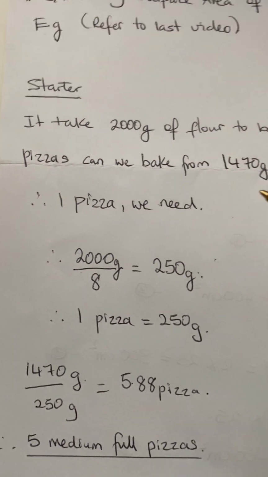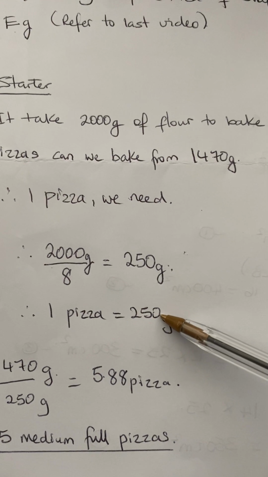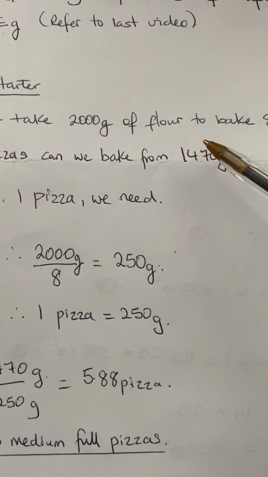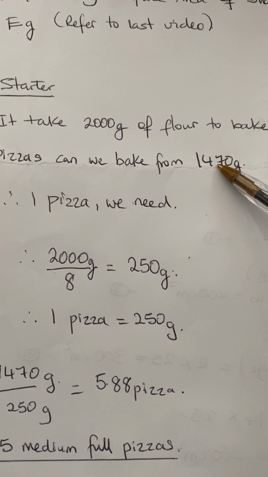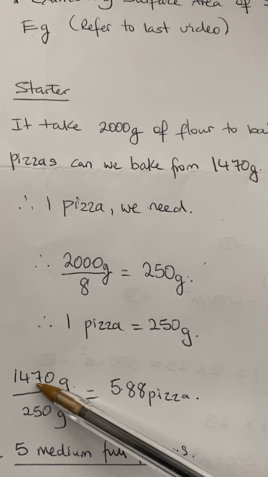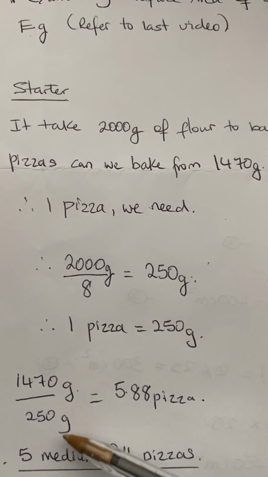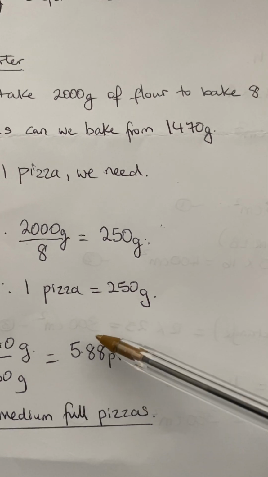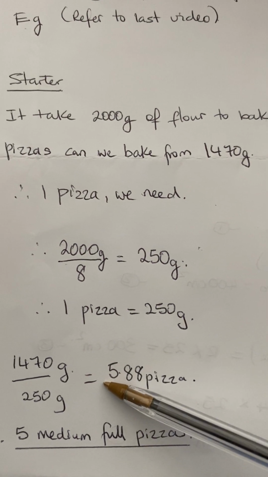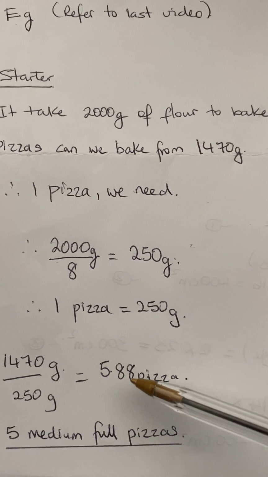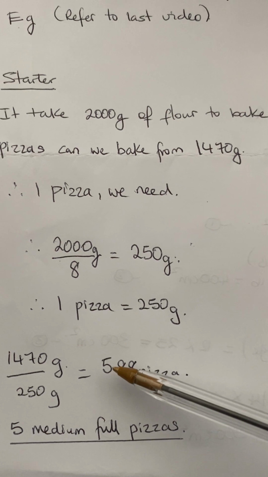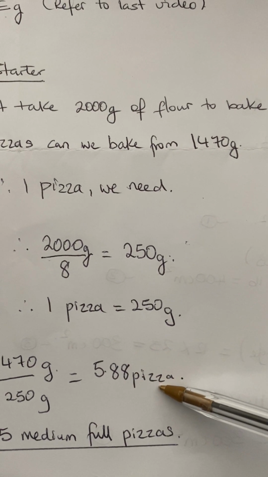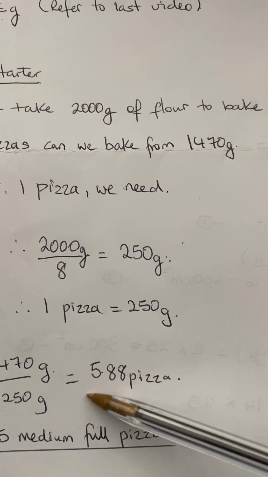Now that we know that, we divide the amount we have, which is 1,470 grams, by 250. If you do that on your calculator correctly, you have 5.88 pieces that you can bake from here.